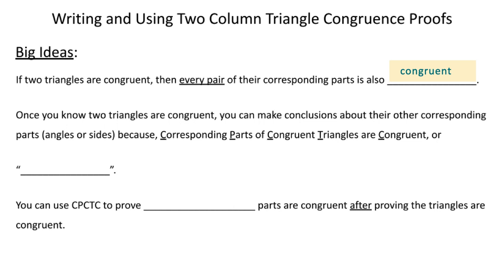By parts, we mean angles or sides, because corresponding parts of congruent triangles are congruent, or we use the 5-letter acronym CPCTC. You can use CPCTC to prove that corresponding parts are congruent after proving the triangles are congruent.